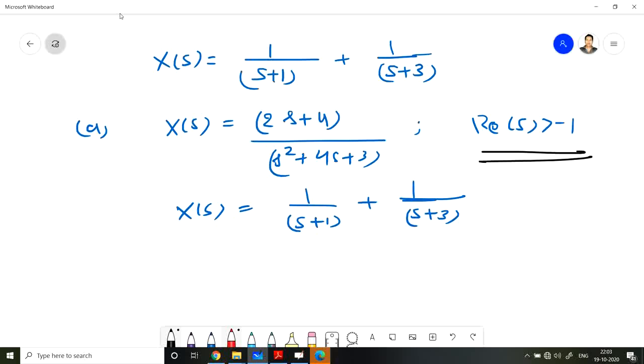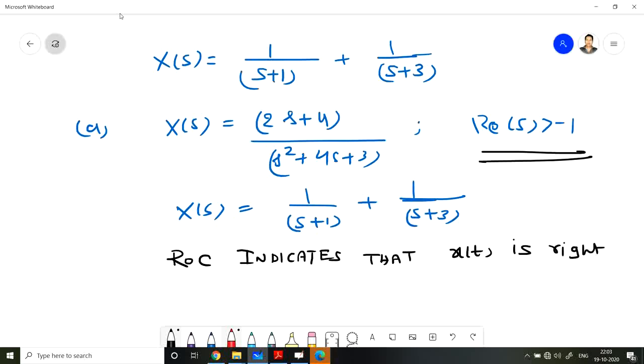So since the region of convergence indicates that x(t), the inverse Laplace transform of X(s), is a right-sided signal.